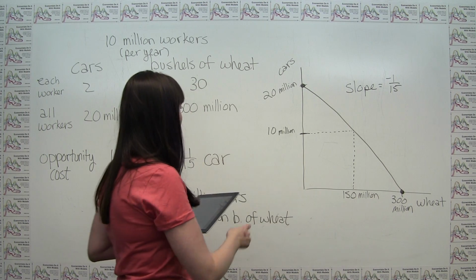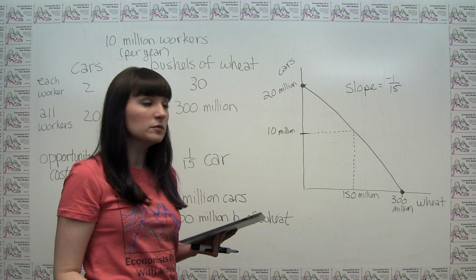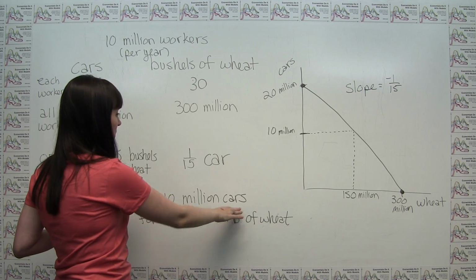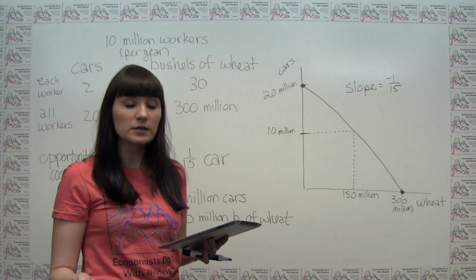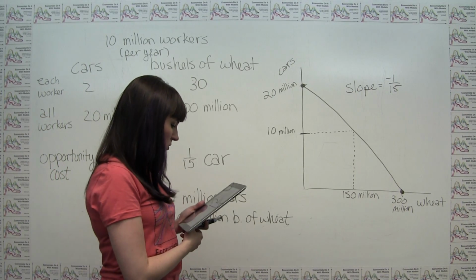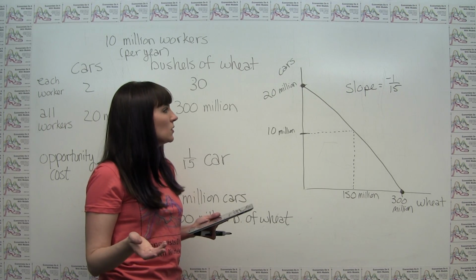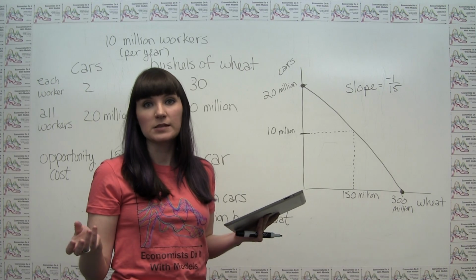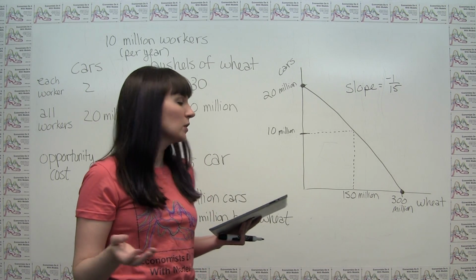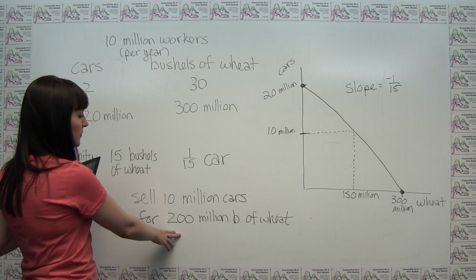So we're saying, well, now they're producing 20 million cars and no wheat on their own. They're selling 10 million of those cars and they're getting 200 million bushels of wheat. So how much wheat does the deal allow Canada to consume? Well, it's not consuming any wheat that it produced, because we can see that it's not producing any wheat. But it is consuming the wheat that it gets in this trade.